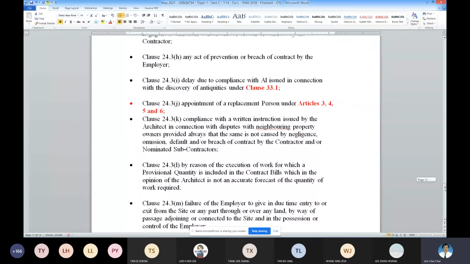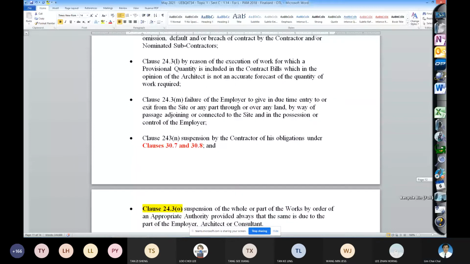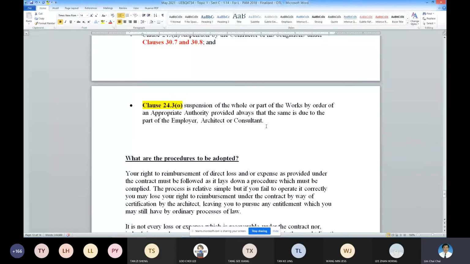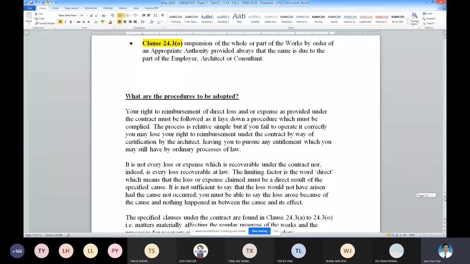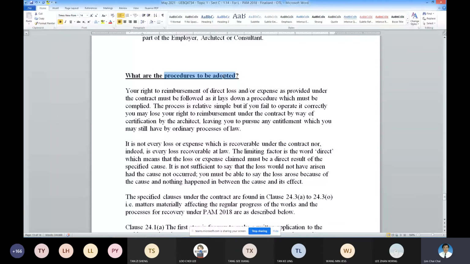Okay, so if anything not written, no other clause, it must be referred to your EOT clause already. So the procedure to be adopted is exactly the same as what you're going to apply for your EOT. Your right to reimburse must follow the procedure to be strictly complied.